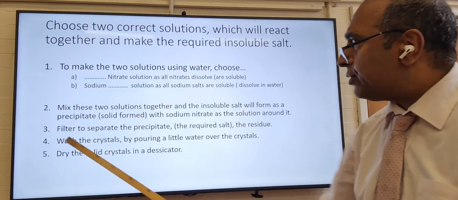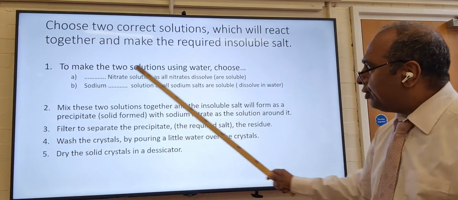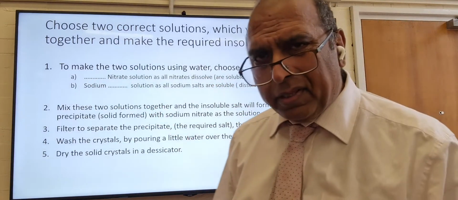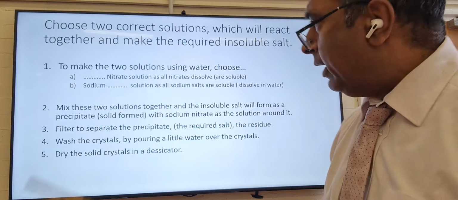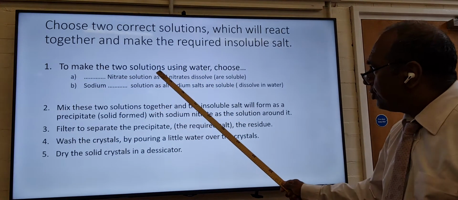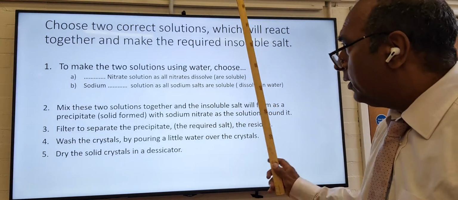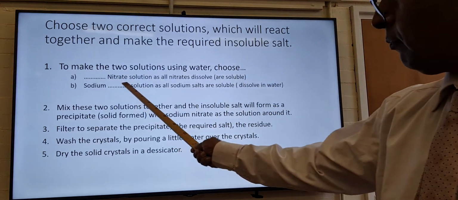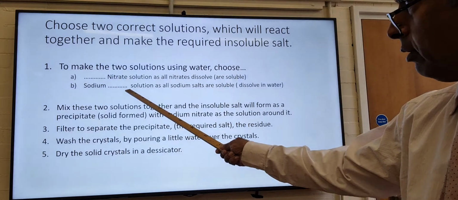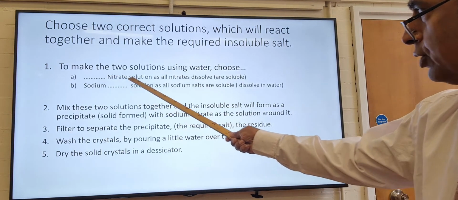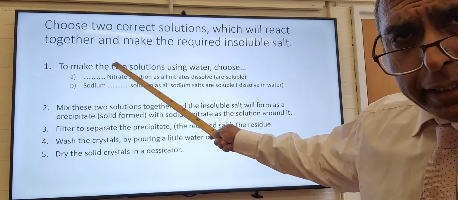There, 5 points. To make the salt, point one's probably the trickiest bit: you've got to mix two solutions using water. Choose a nitrate, choose a sodium salt, mix those together. Why do we pick a nitrate?